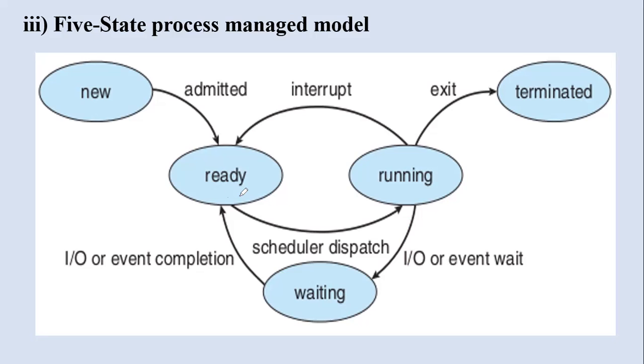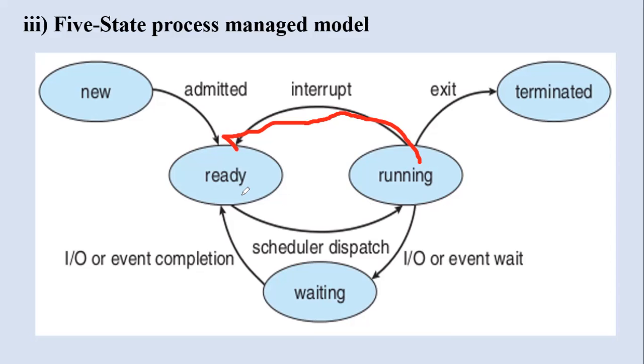And then once their turn arrives, it is taken to the running state. However, remember, if a process has all that it requires and it is in the running state, but for example its time completes before it completes execution, that process will be interrupted and taken back to the ready queue to wait.